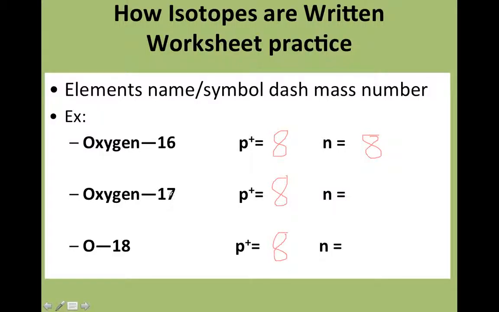Now, for oxygen 17, we're going to subtract 8 from that one, and you get 9. And then 18 as your mass right here, you're going to subtract the 8 from it, and you get 10. So the only item that changes in an isotope is your number of neutrons.